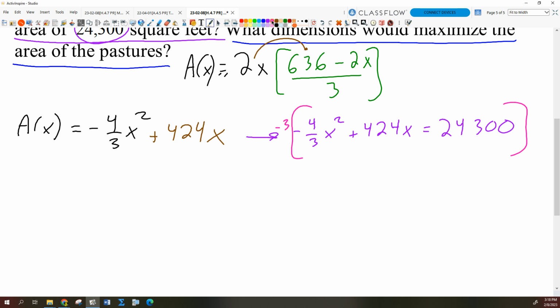Right? So that's going to give me positive 4x squared. When I distribute here, I'm going to get negative 1272x equals, and this is going to give me 73,200.